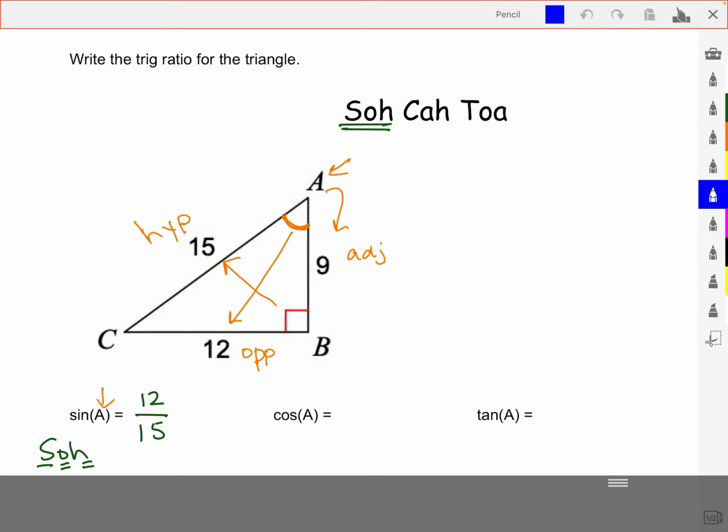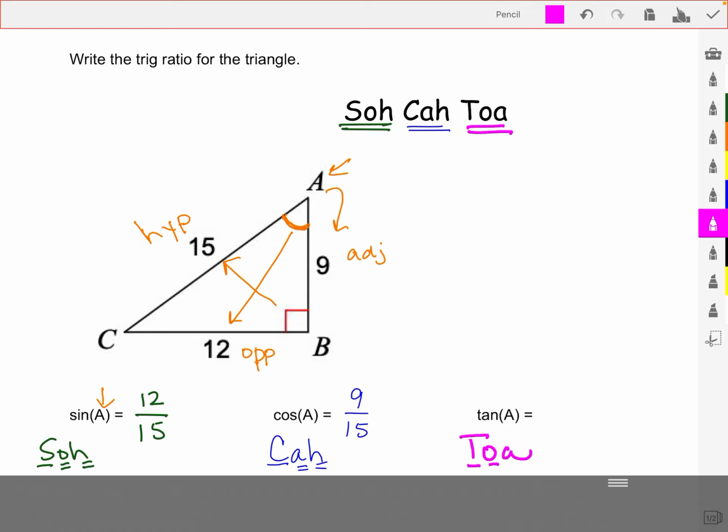All right, then cosine of A. For cosine, I'm using CAH from SOHCAHTOA. The C stands for cosine, which is already typed there for me. Cosine of A is adjacent over hypotenuse. So the adjacent we said was 9, and the hypotenuse is 15. And then last for tangent, I'm going to use TOA from SOHCAHTOA.